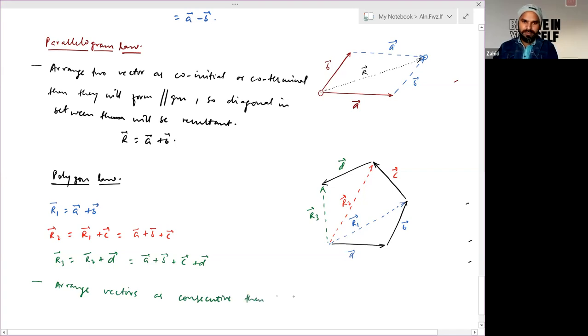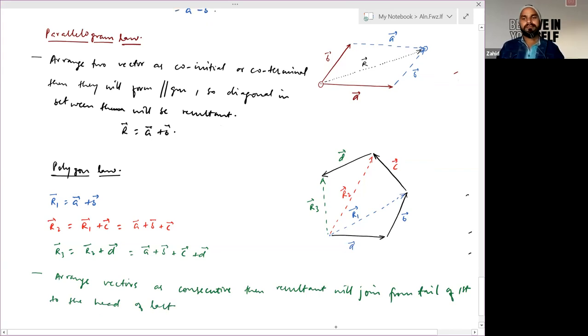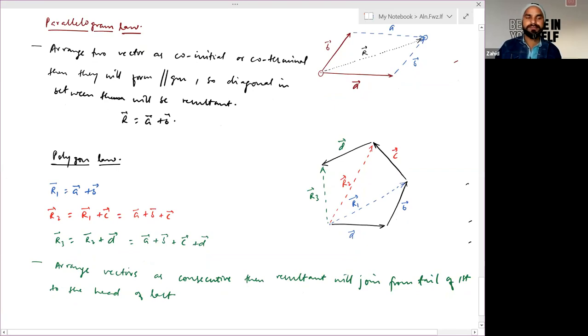Then the resultant will join from the tail of the first to the head of the last. Is it clear?